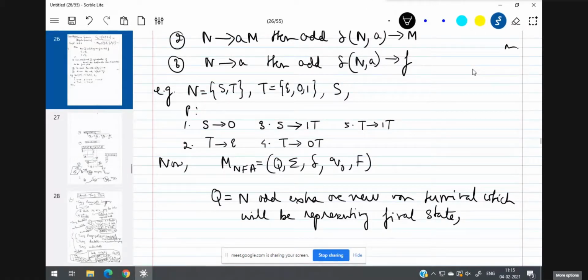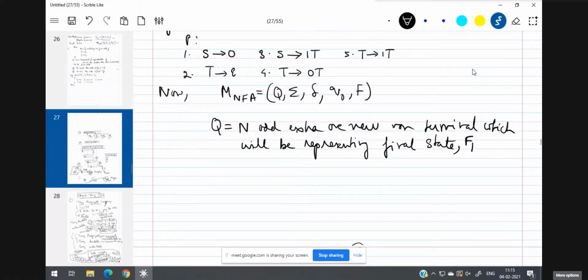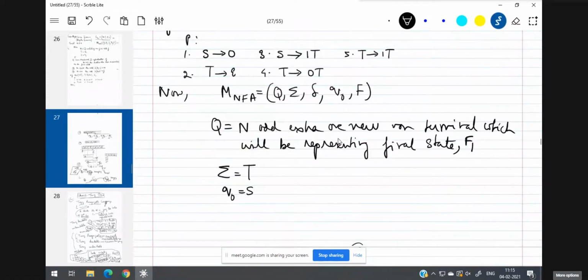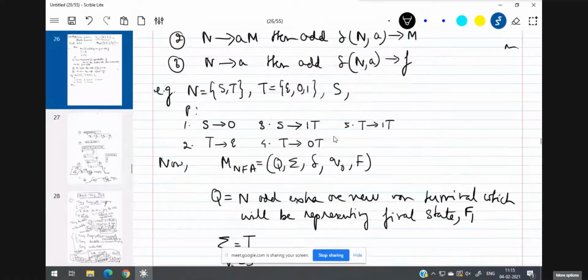So instead of this one, let me write F1. Next, sigma will be nothing but the terminals from the given regular grammar, and then next Q naught. What will be the Q naught? Q naught will be nothing but the start symbol. And then F, I'm not going to write anything for the moment.